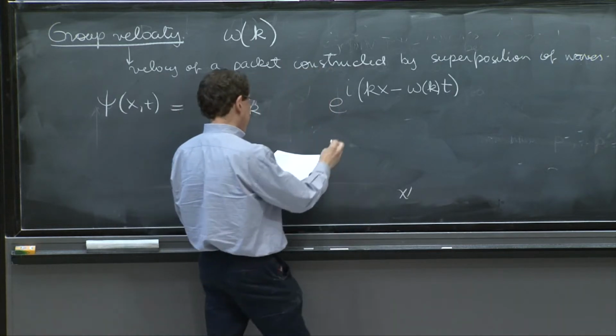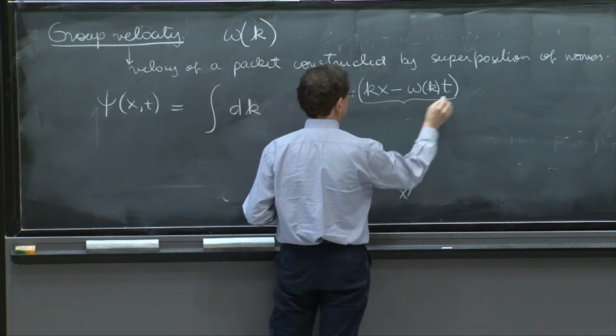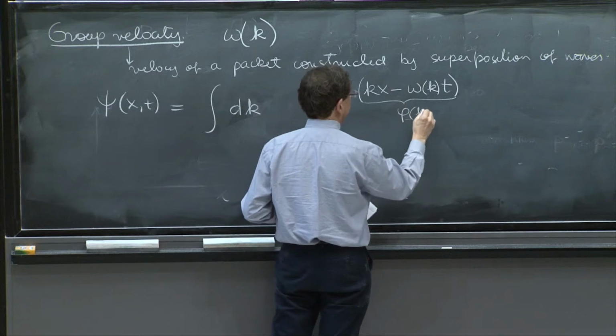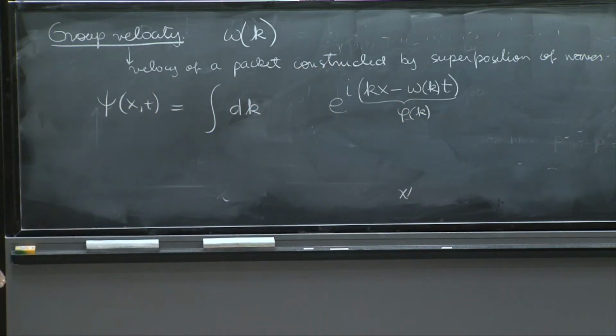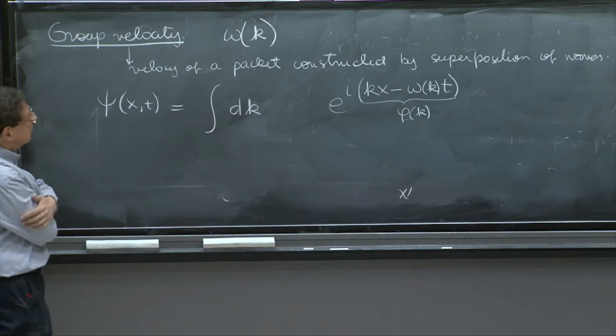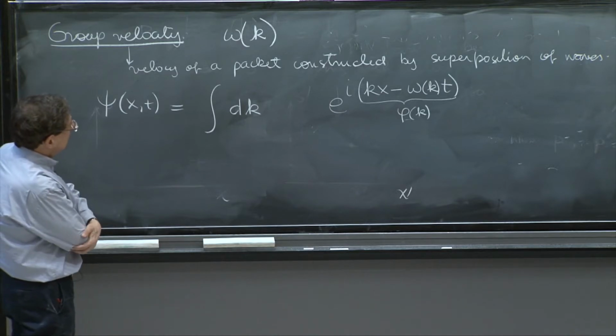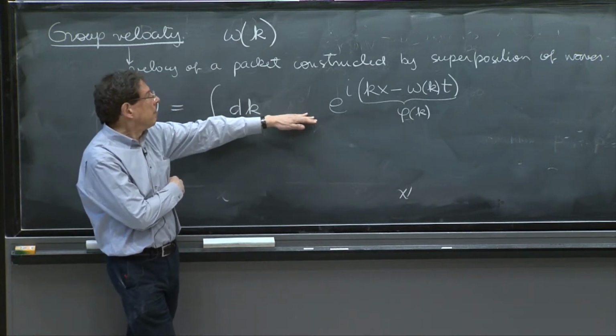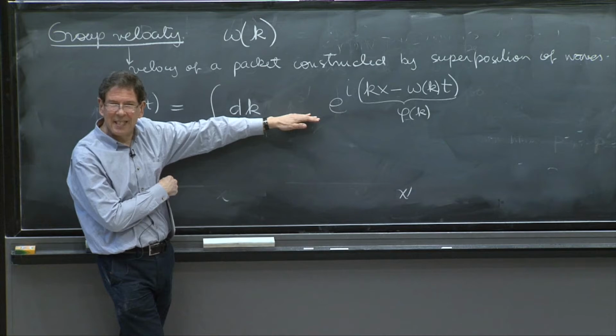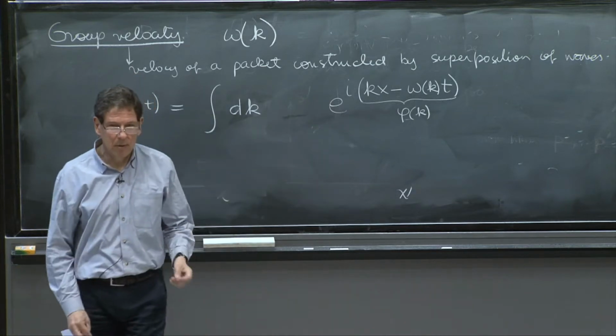And this whole thing I will call the phase of the wave, phi of k. So that's one wave. It could be sines or cosines, but exponentials are nicer. And we'll do it with exponentials in this case. But you superimpose them, and each one may be superimposed with a different amplitude.